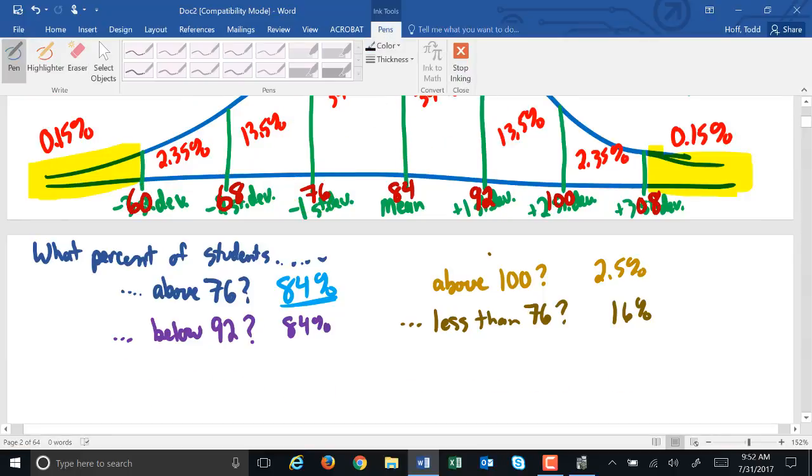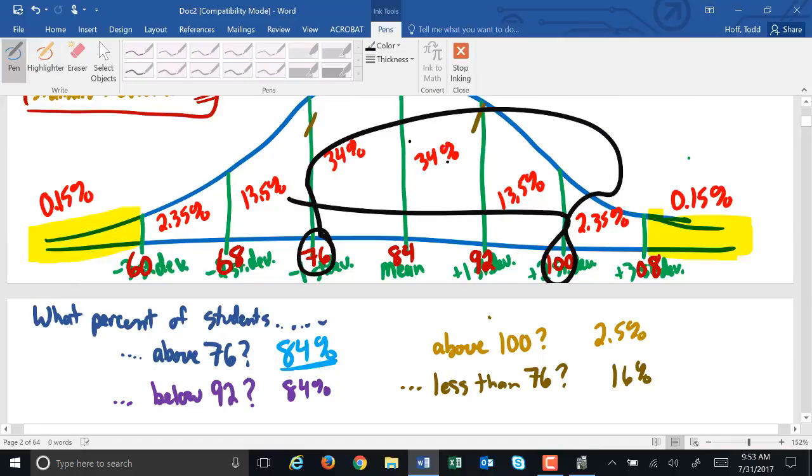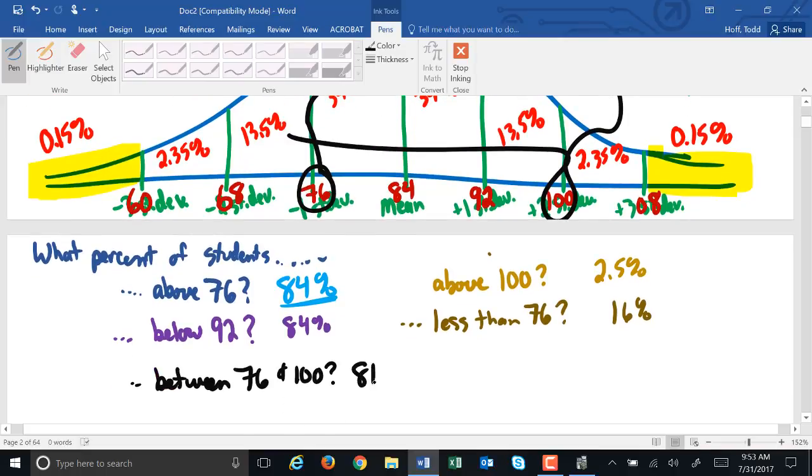Or I might ask between 76 and 100. Well, here's 76. Here's 100. If I add those up, I get 34 plus 34 is 68, plus 13.5 is 81.5%. Does that make sense?